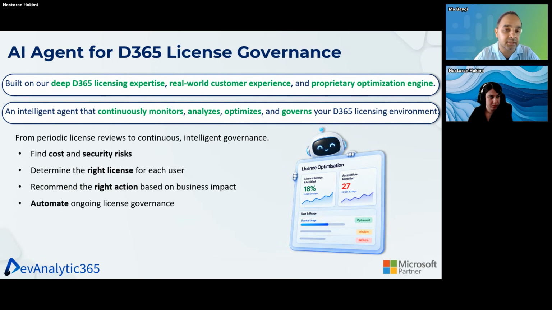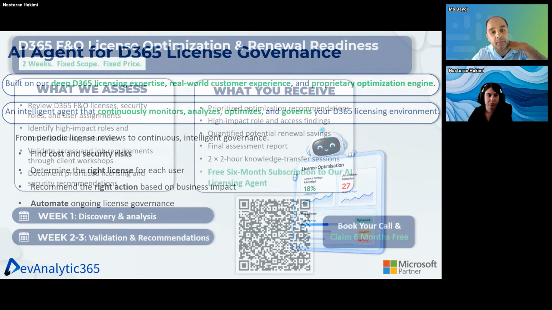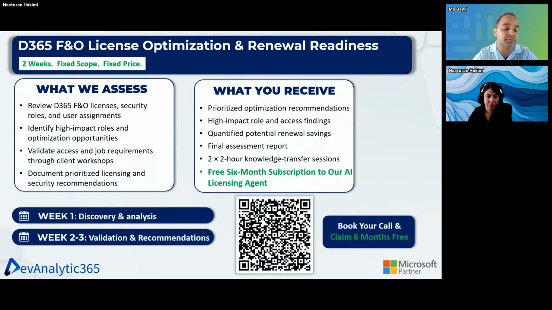Again, the idea is that having a licensing admin 100% looking at your licenses every day is going to be very time consuming. It's not a very pleasant task to do. Why not use an agent for this? We have an agent that we have developed for this, and we can provide it to you, and you can use it. We also do full license renew evaluation of your D365.